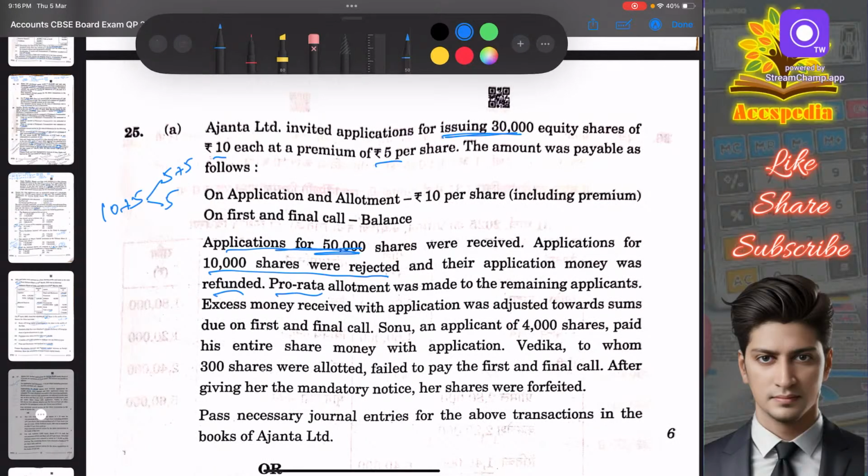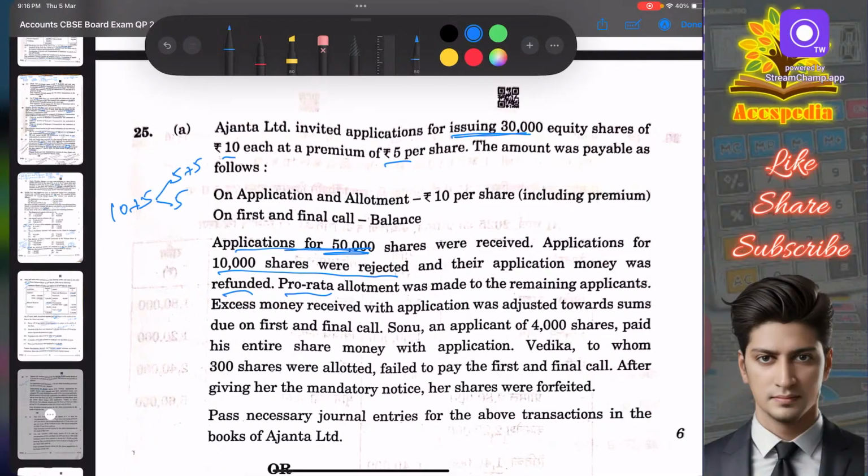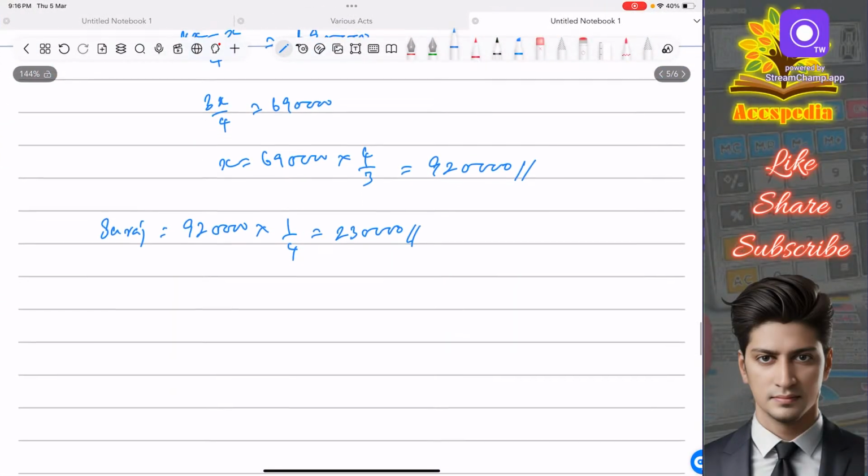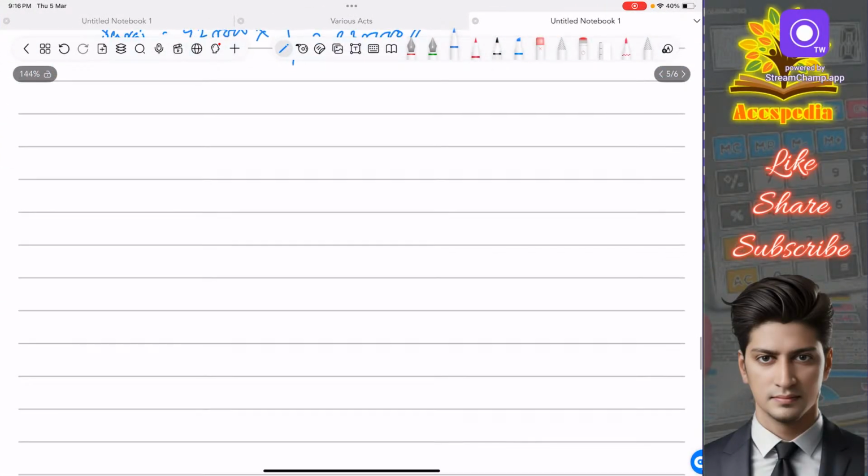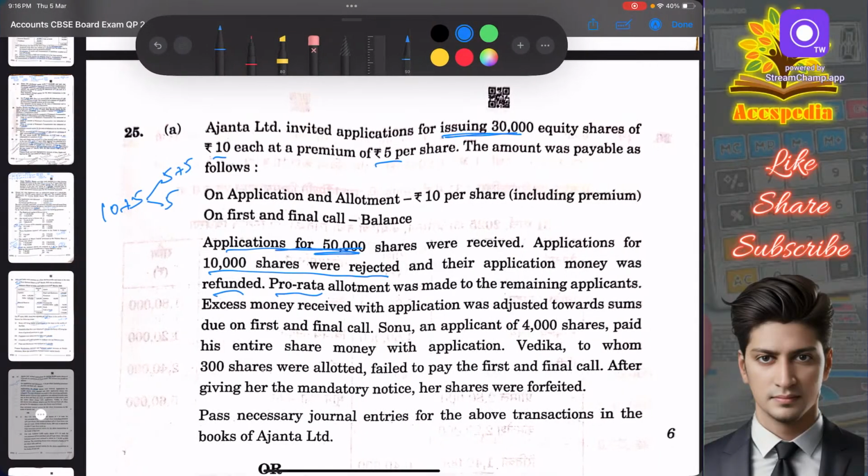Since it is pro rata, I have a pro rata table that I will write. Kindly follow this pro rata table for question number 25A.